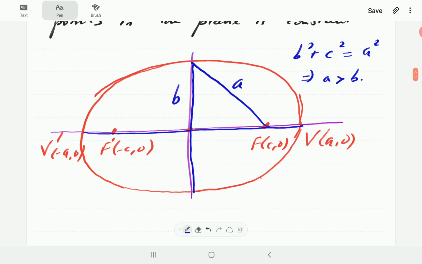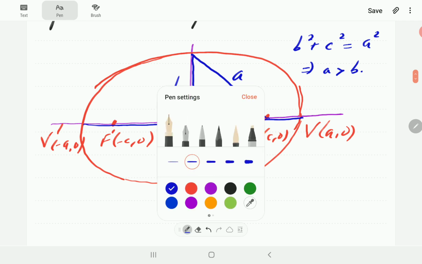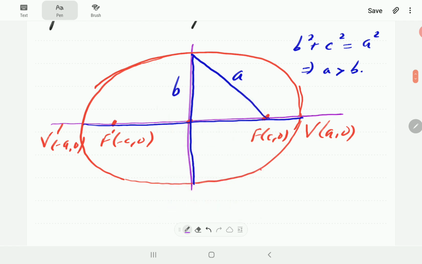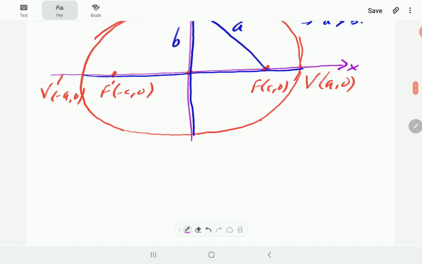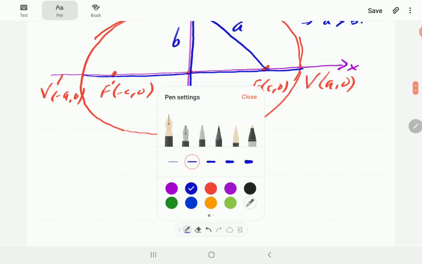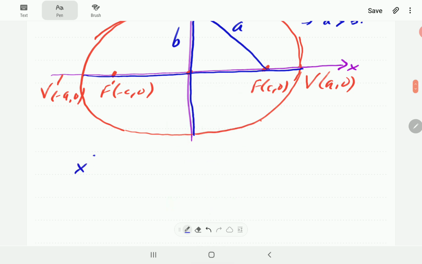Okay, so if this is the x-axis and this is the y-axis, and the center is at the origin, the equation of the ellipse is going to be x squared over a squared plus y squared over b squared equals 1.